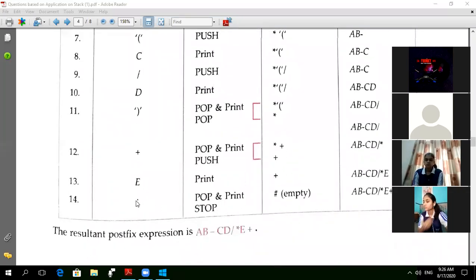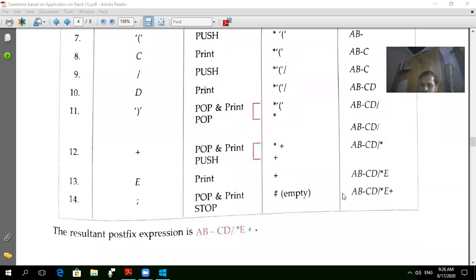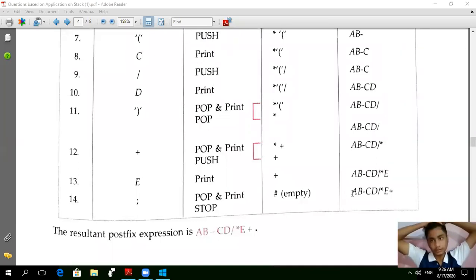So instead of that, I think there is a bracket sign. Once the closing bracket comes in the 14th step, this plus sign will shift to the output. So the final output is A B minus C D divide multiply E plus.